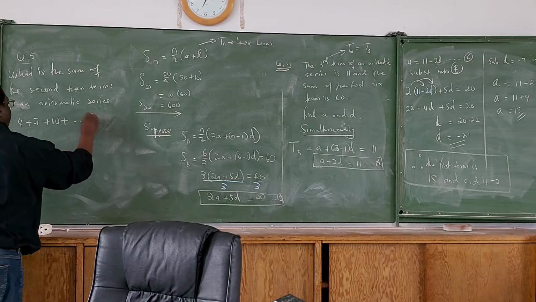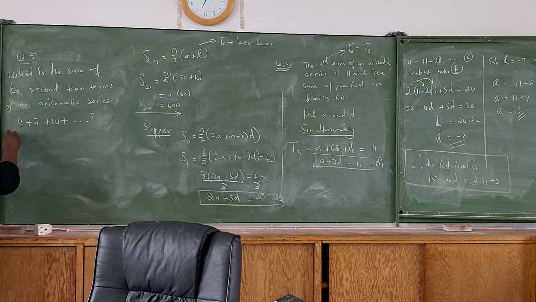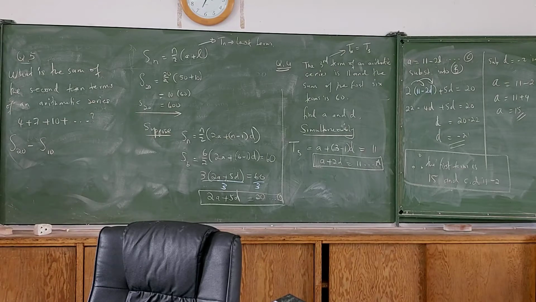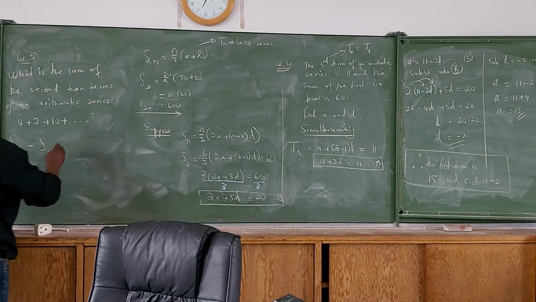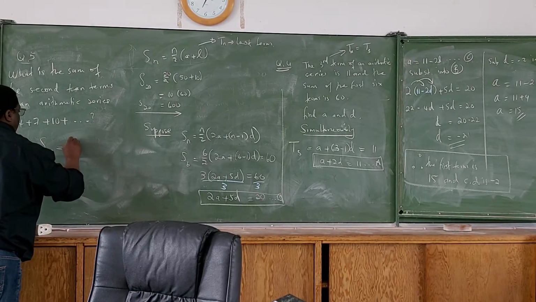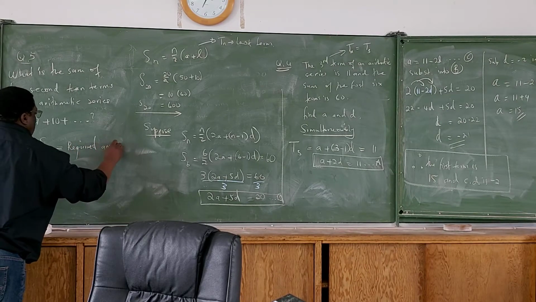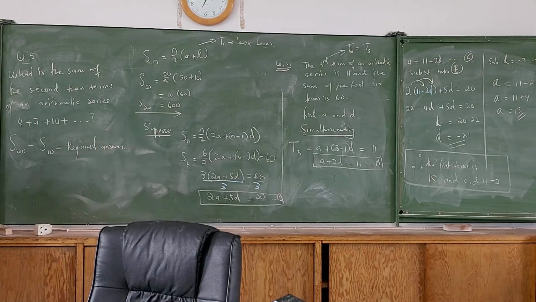So, important thing, we find the sum of the first 20 terms. Then we minus with the sum of the first 10 terms. This is going to give us our required. Does that make sense?